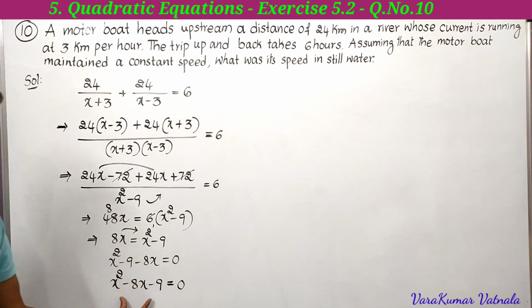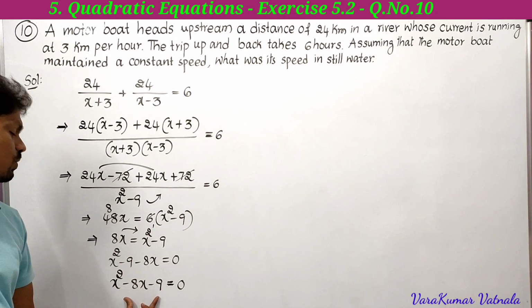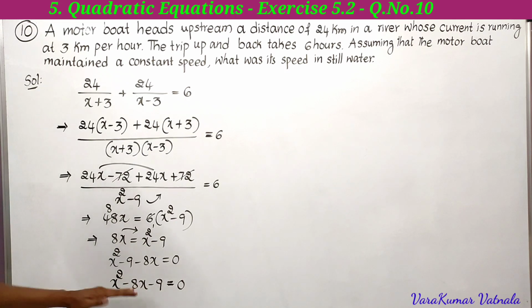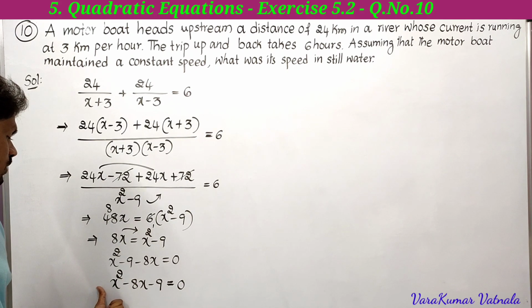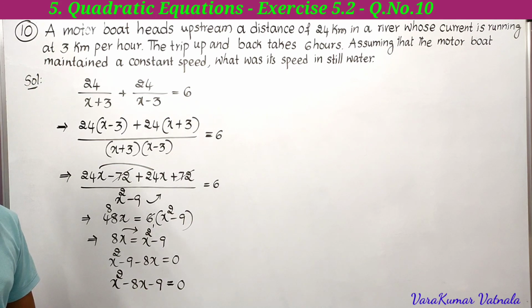So now this is the quadratic equation in variable x. So now we have to solve to get the value of x. X is nothing but speed of the motor boat in still water. So here the coefficient of x square is 1 and the coefficient of x is minus 8, constant is minus 9.